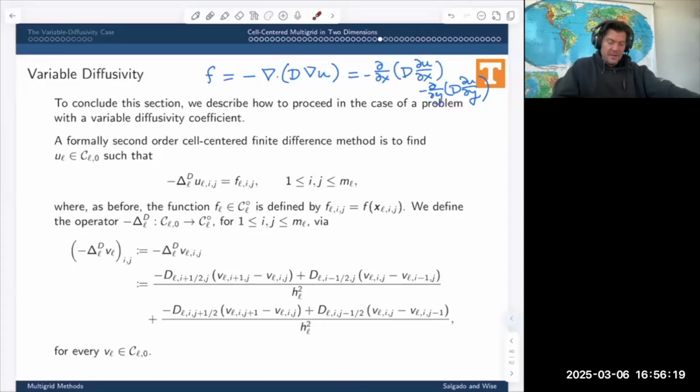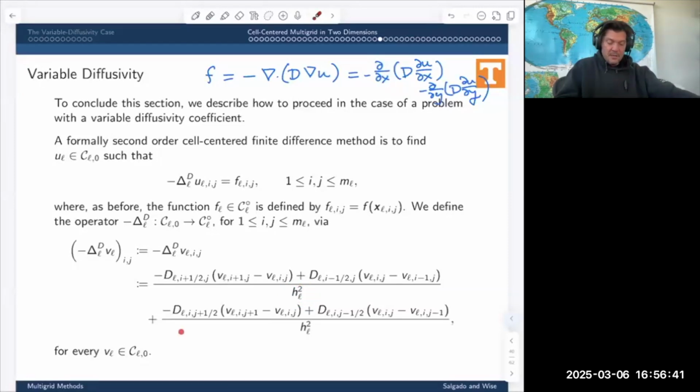So we take a finite difference, evaluate at two different points, multiply by this diffusion coefficient, and then take the finite difference of that. So I'm taking two finite differences, and the result is that I get the h squared in the denominator.